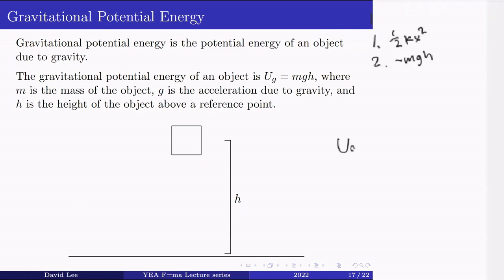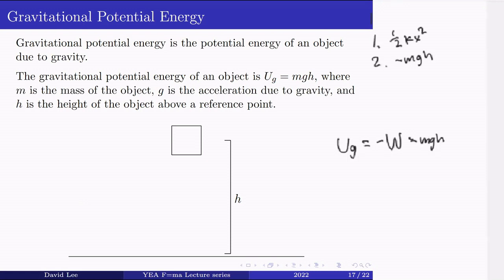The potential energy due to gravity, which is the negative work done by gravity, is mgh. And as I said earlier, h is just relative to some reference point.